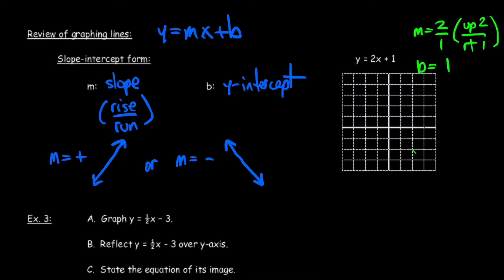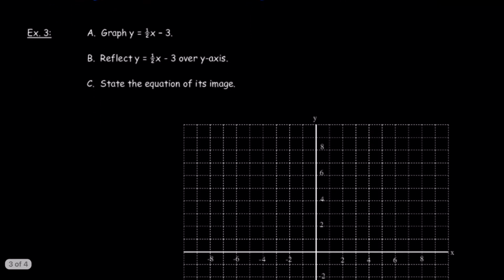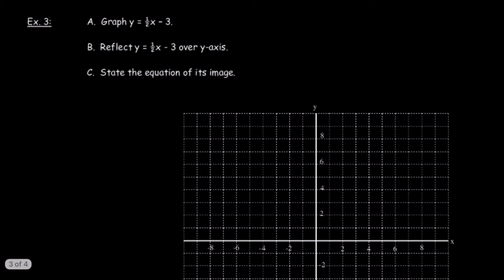So what I do on the axes, I go up to 1 on the y-axis, put a point, and I go up 2 over 1, up 2 over 1 until I can't go any further. And then I reverse it. So go back to the y-intercept, and instead of going up and to the right, I go down and to the left. Because obviously it's a straight line, you have to continue that. Then you just connect those. Okay, there's that line.